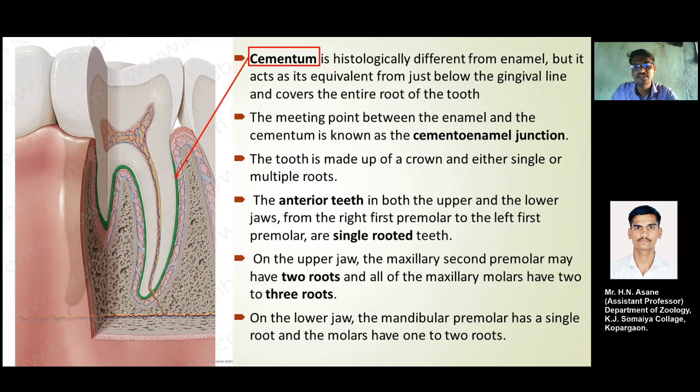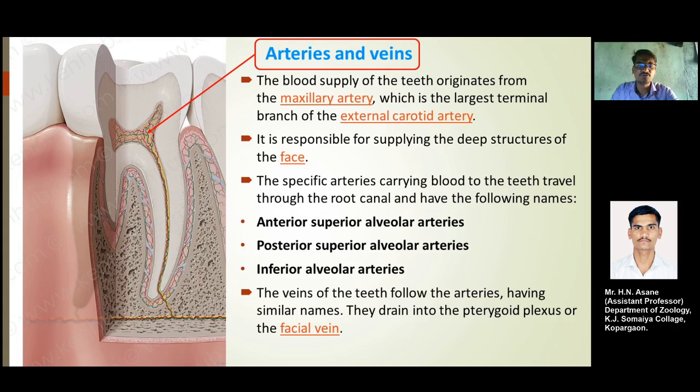In the lower jaw, the mandibular premolar has a single root and the molars have 1 to 2 roots. So this is the variation in the roots.